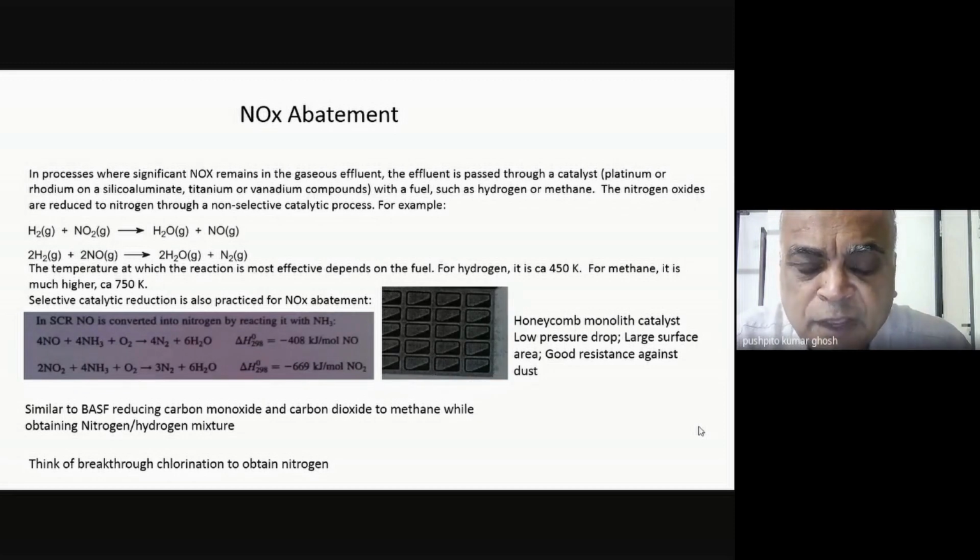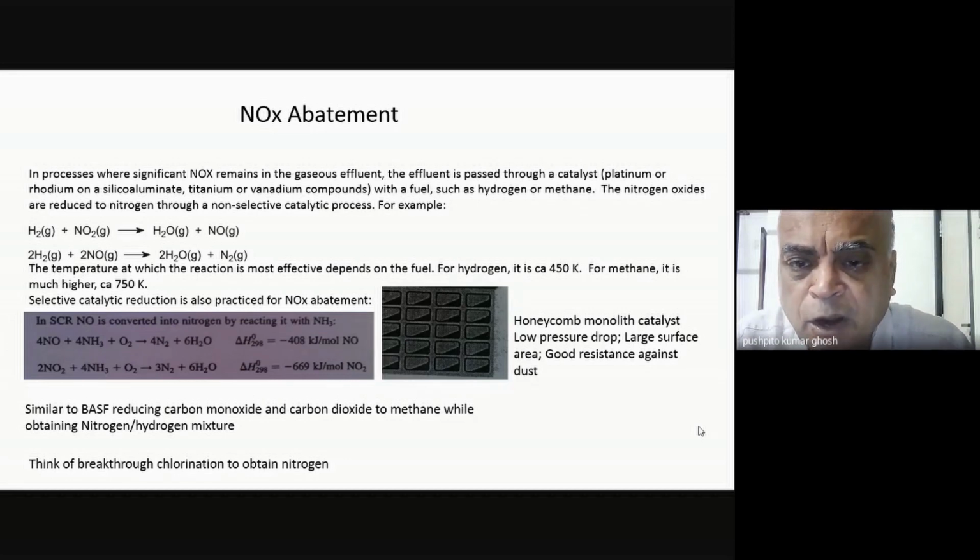Recycling that NOx, the tail gas, may not be a sensible thing, because firstly, the concentrations we are talking about are ppm concentrations.